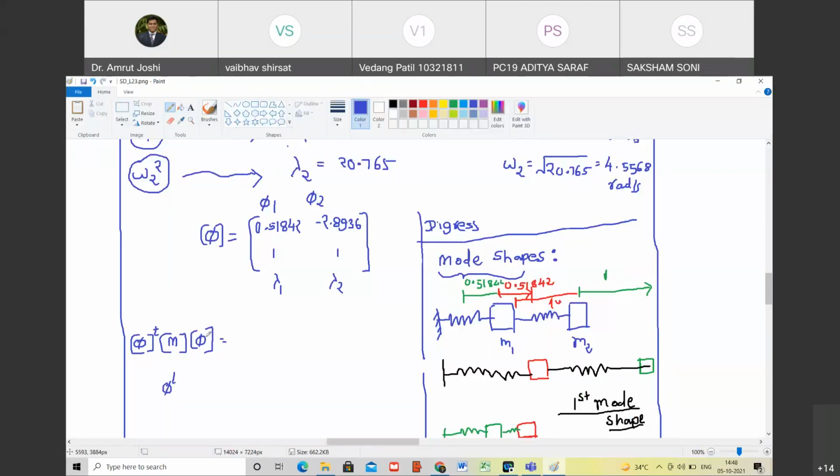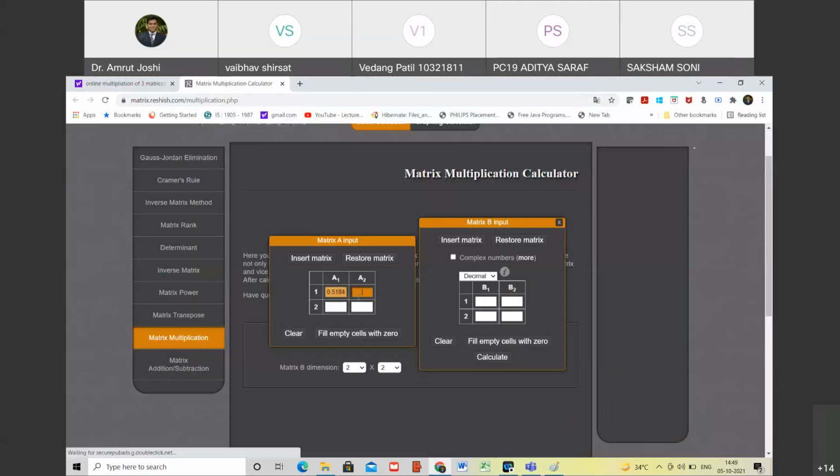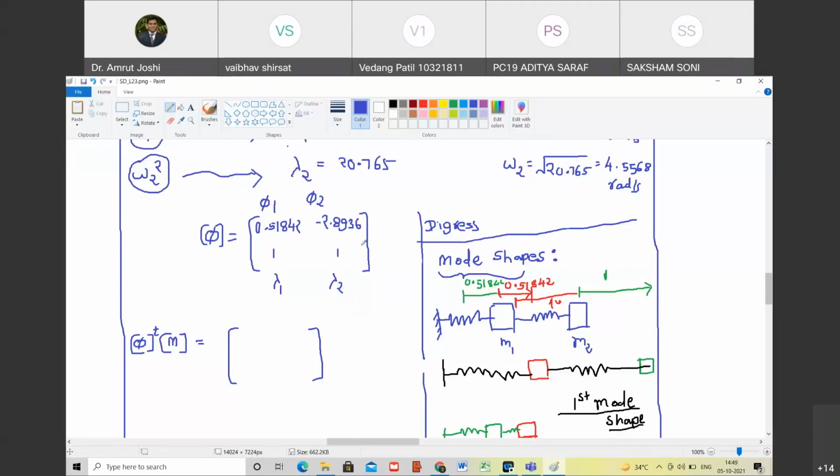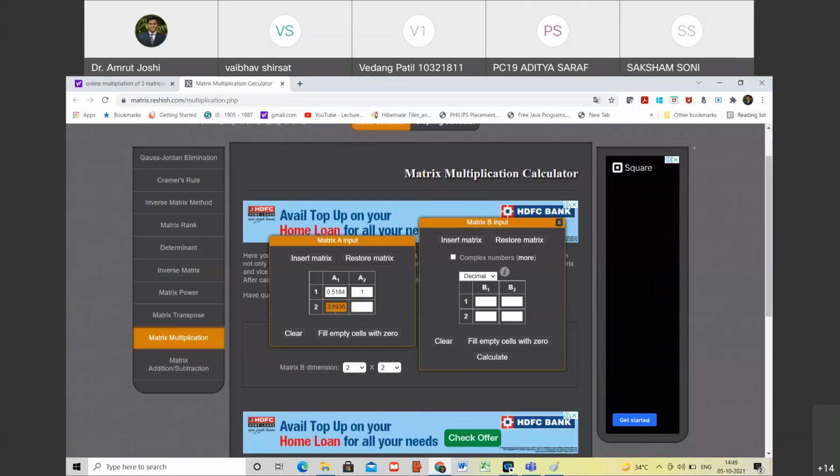Are you with me? Yes, sir. So how much is phi transpose M? Let us calculate that first. What is phi transpose? 0.51842, then 1, and then minus 2.8936, then 1. माइनस लिखा कि नहीं? हाँ लिखा.